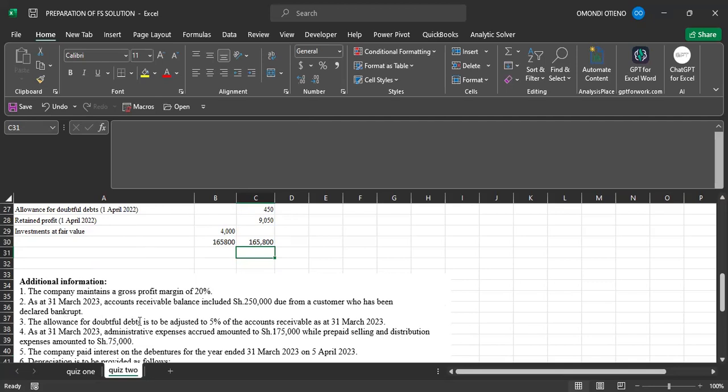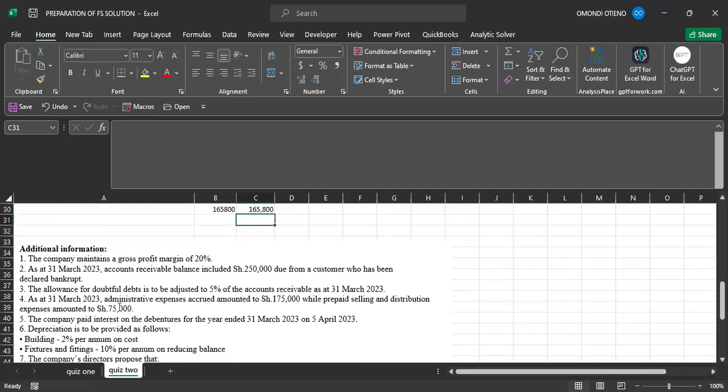The allowance for doubtful debts is to be adjusted to 5% of the accounts receivable as at 31st of March 2023. As at 31st of March 2023, administrative expenses accrued amounted to 175,000, while prepaid selling and distribution expenses amounted to 75,000.